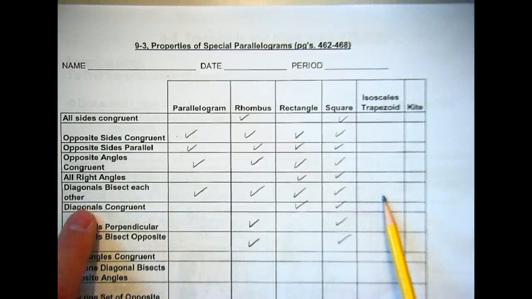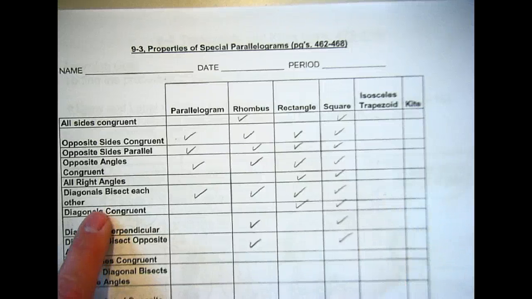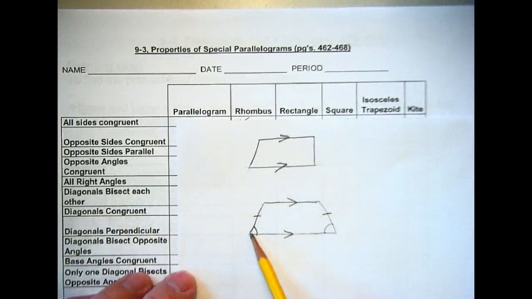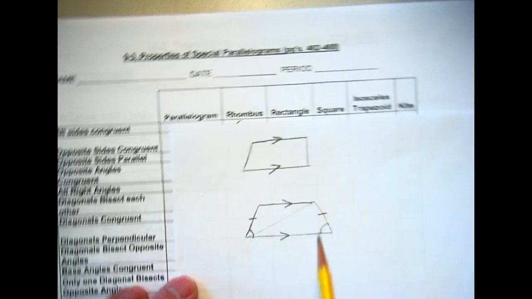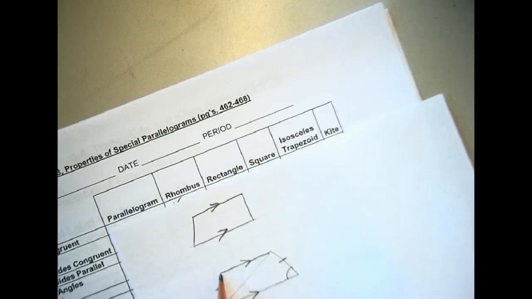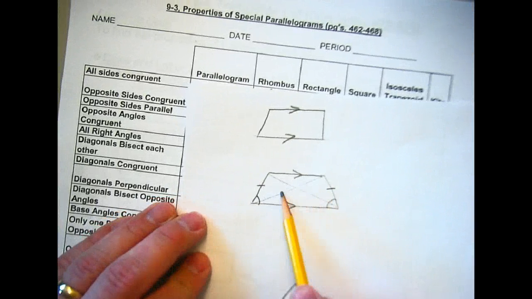No. Diagonals bisect each other in a trapezoid? You sure? No. They don't bisect each other. If I sketch those diagonals in, and it's not like we're measuring it, they're not going to bisect each other.